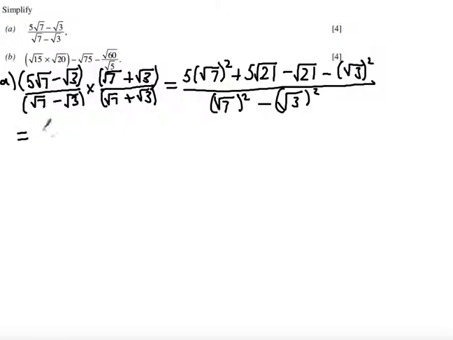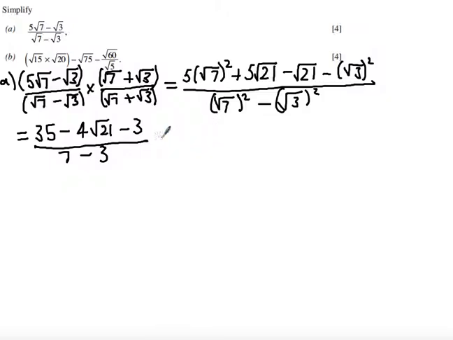Okay, when I simplify, first term at the top I get 5, root 7 squared is just 7, so I get 5 times 7, which is 35. 5 root 21 minus root 21 gives me minus 4 root 21. And then I get minus root 3 squared, which is just minus 3. All over, root 7 squared is 7, root 3 squared is 3.